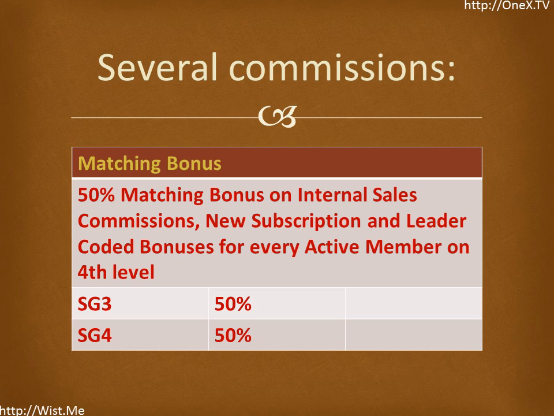So on all that your people on row 4 receive, you will get a 50% matching bonus, and this bonus is for the people on level 3 and 4. So if you are Stargate level 3 or Stargate level 4, you receive a 50% matching bonus on all the commissions and bonuses that your members on row 4 receive.